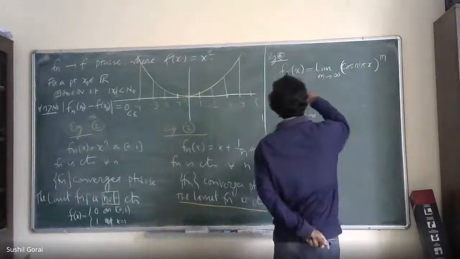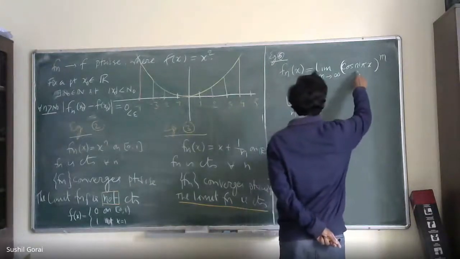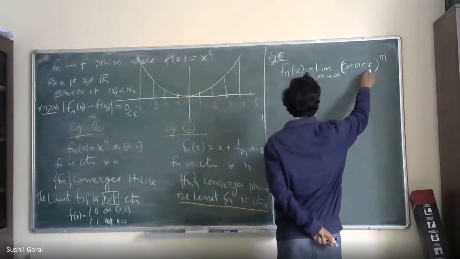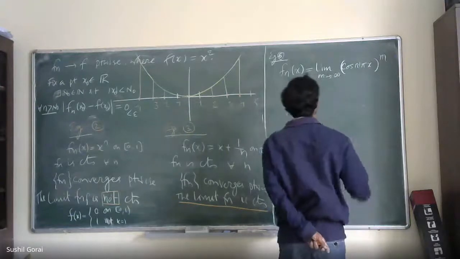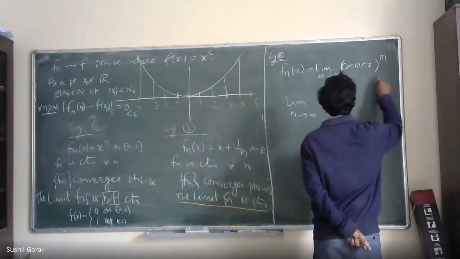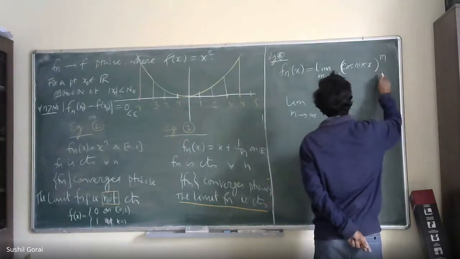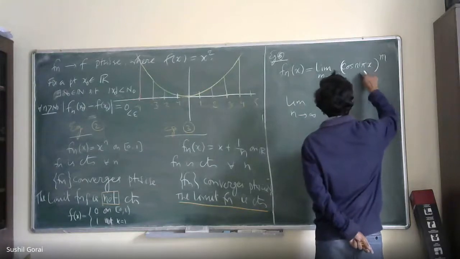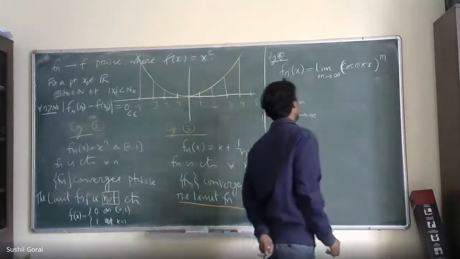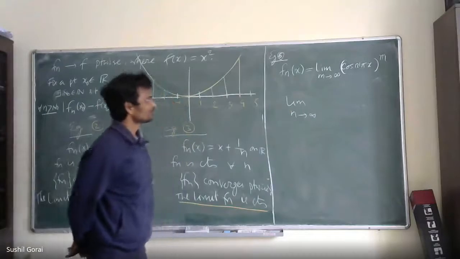So here, let's look at f1. For f1 you have pi x, then at 1 you have cos pi. Cos pi is -1 and you have the whole thing to the power n.